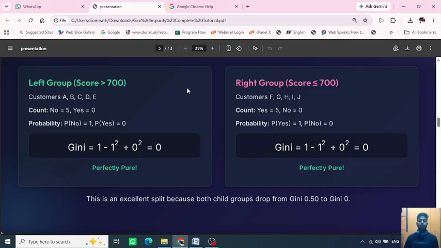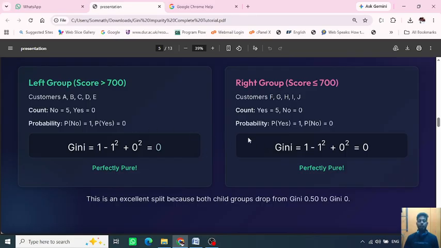For both the left and right group, if we calculate the Gini, you can see Gini equals 1 minus the probability of No squared plus probability of Yes squared. It is 0. So probability of 0 squared and probability of 1 squared.